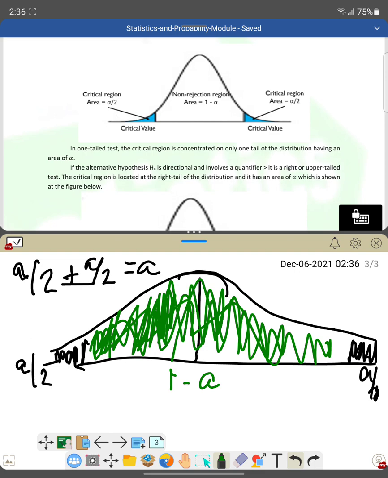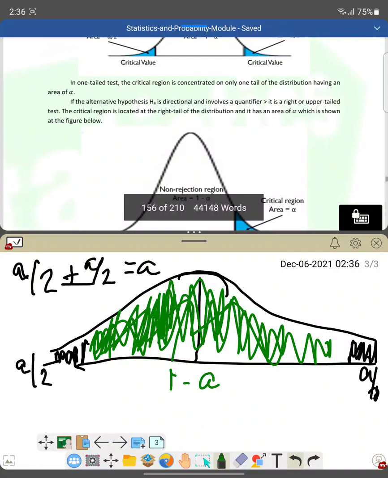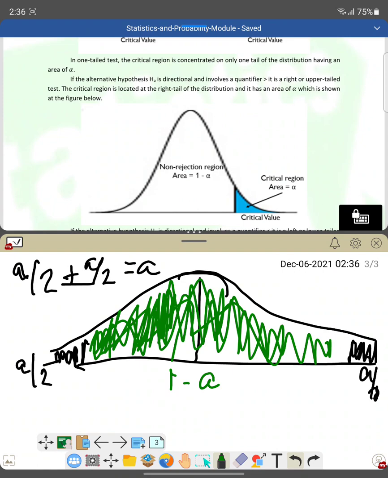Okay, so in a one-tailed test, the critical region is concentrated on only one tail of the distribution. If the alternative hypothesis is directional and involves a quantifier greater than, it is a right or upper-tailed test. So look at the illustration.